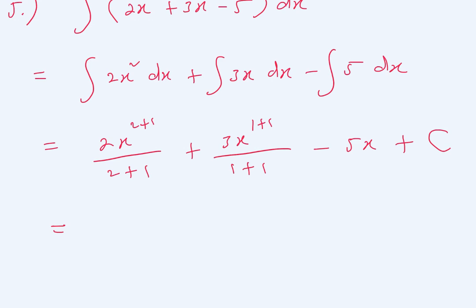So now we have 2 over 3. Okay, so let's write the 3 again. It's 2 over 3 multiplied by x to the 3 plus 3 over 2 multiplied by x to the power 2 minus 5x plus c. So that's the answer for this one.